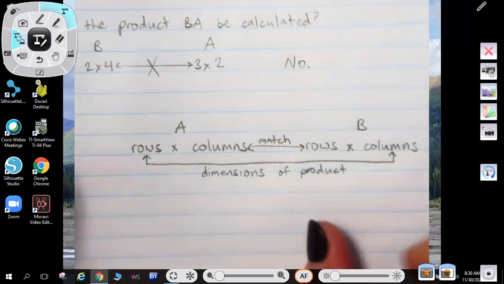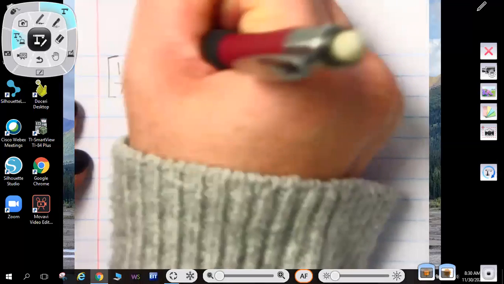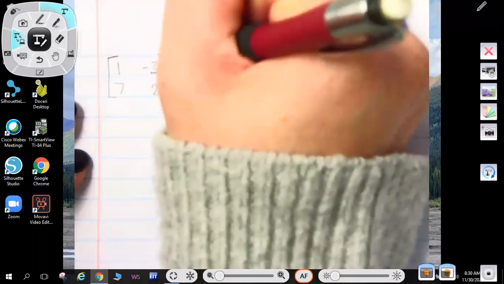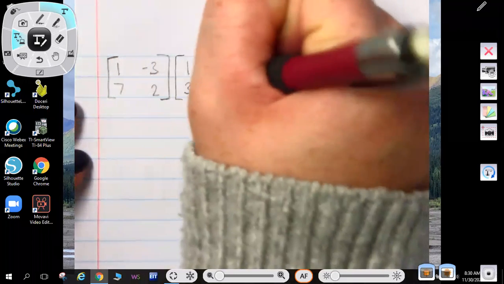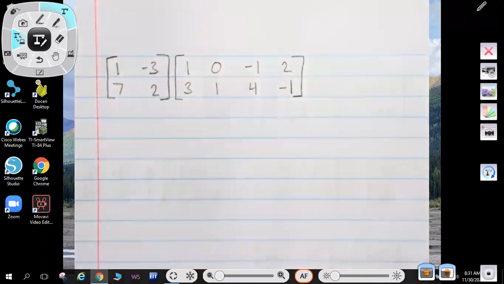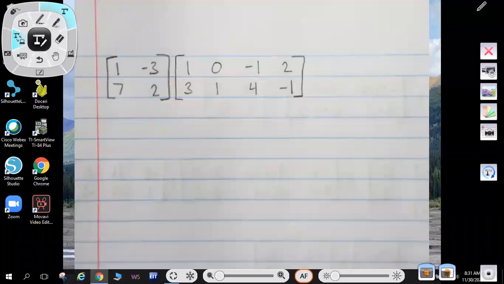Okay, let's do some examples. Before we try to multiply these matrices, we have to make sure that we can.